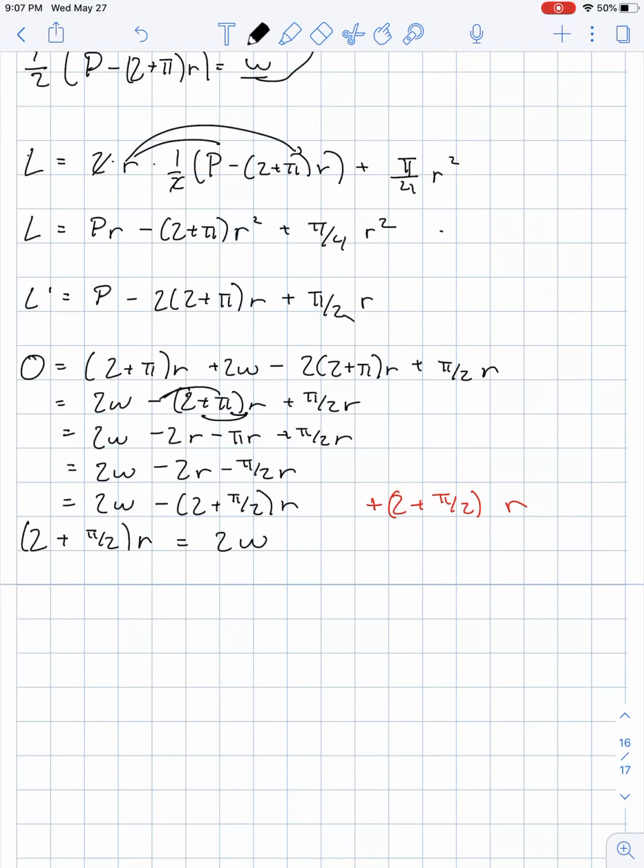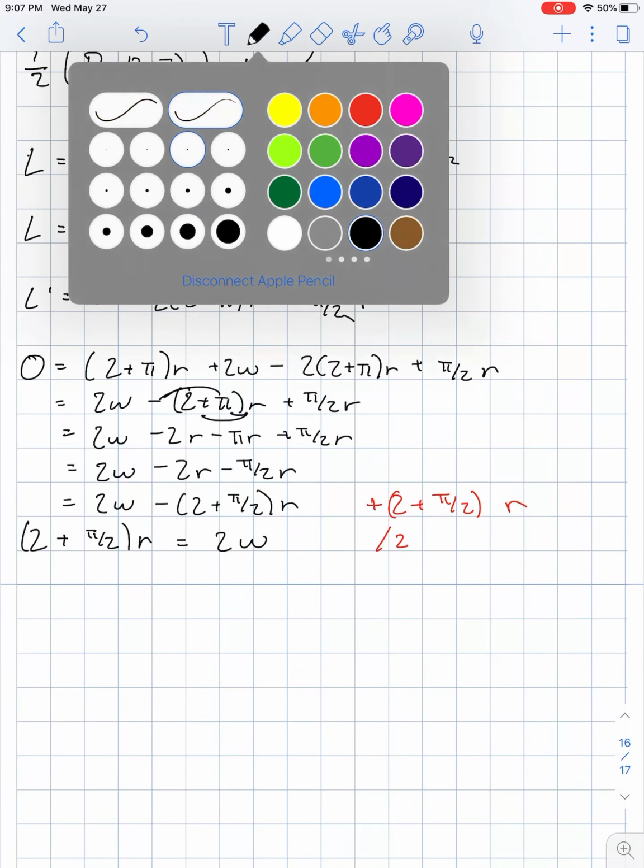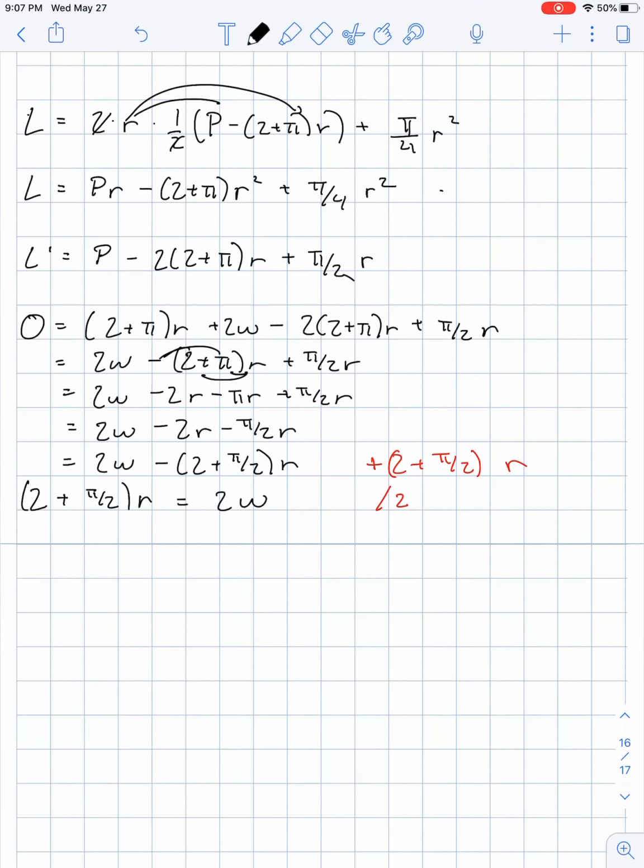And then I can divide by 2, so that I get (1 plus pi over 4) R equal to W. Excuse me.